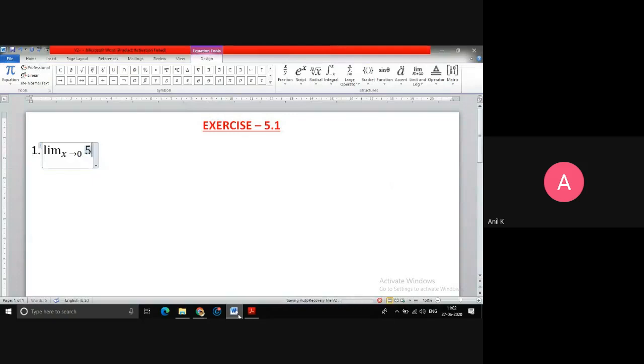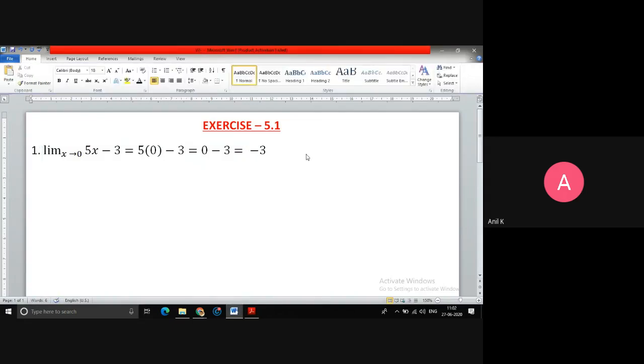So whether it is left limit or right limit, it is going to be the same. If I substitute here, I'll get 5 times 0 minus 3, which equals 0 minus 3, which equals minus 3. So left limit or right limit is going to be minus 3 only.